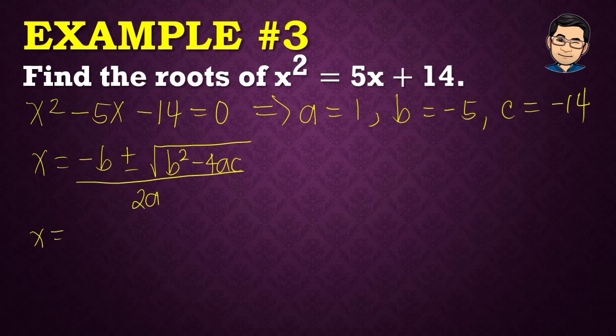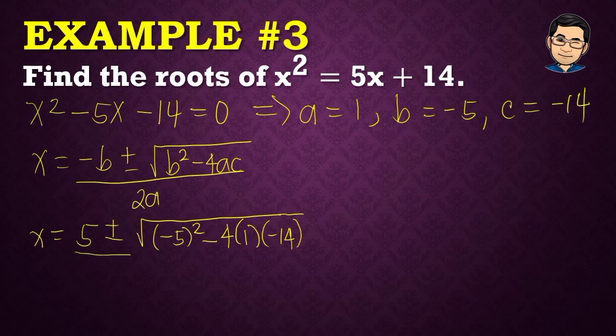So, magiging positive 5. Plus minus, square root of, again, negative 5 squared minus 4 times the value of a, which is 1. And then, the value of c, negative 14. Ayan. All over 2 times 1.